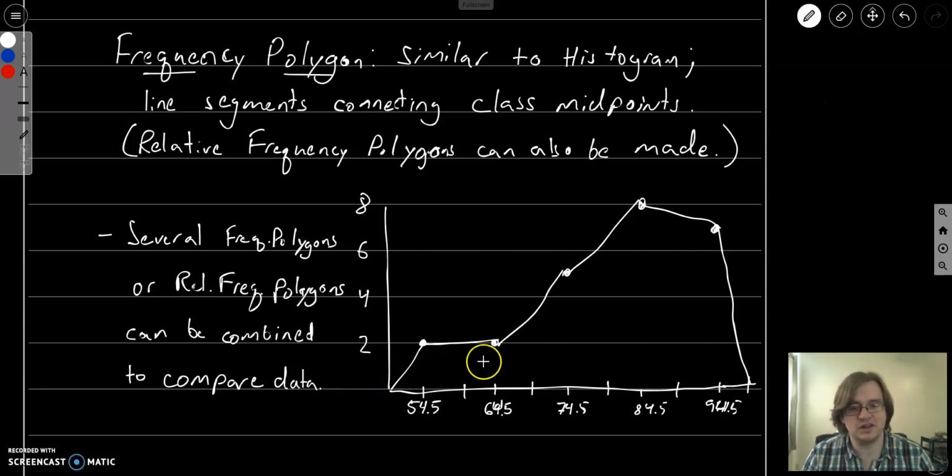This is the frequency polygon, and it shows you the rough shape of the data. So this is quite nice.